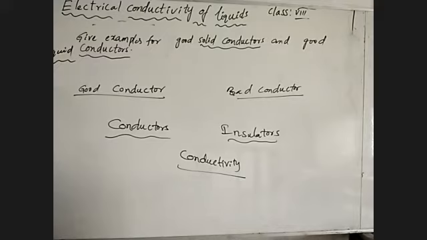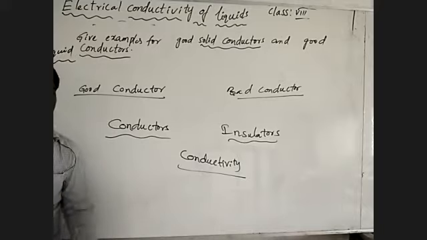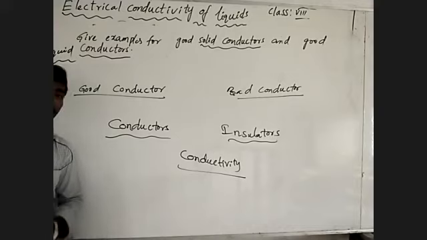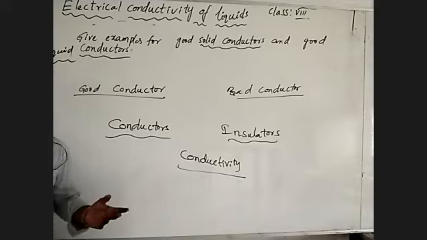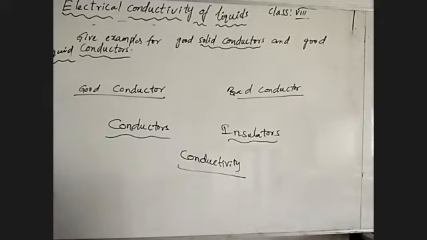Using the solid conductors in the place of the key, we observed which substance made the bulb glow. Those substances we consider good conductors, because by passing electric current through the substance, it gave glow to the bulb.